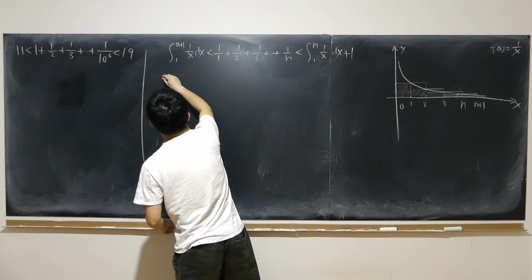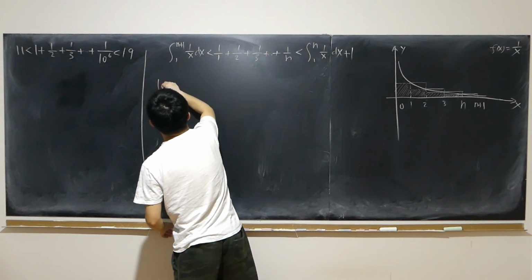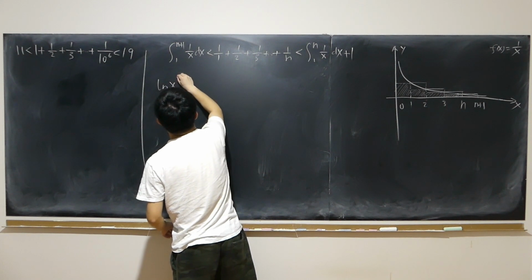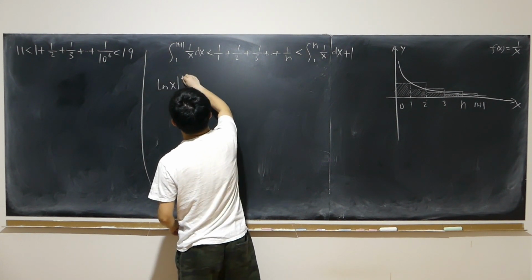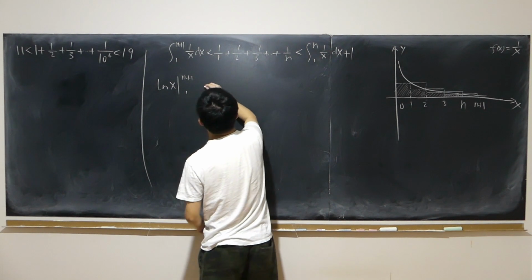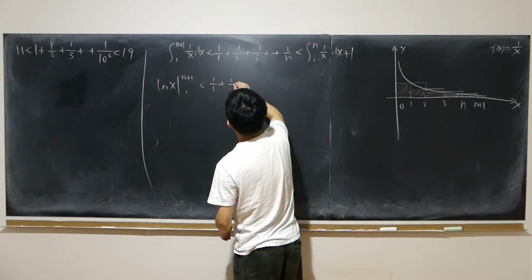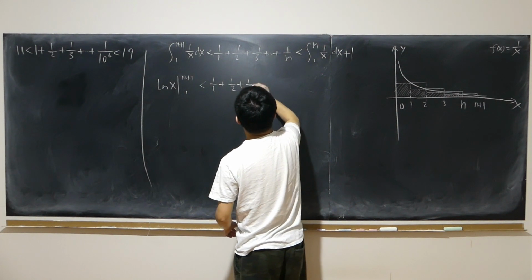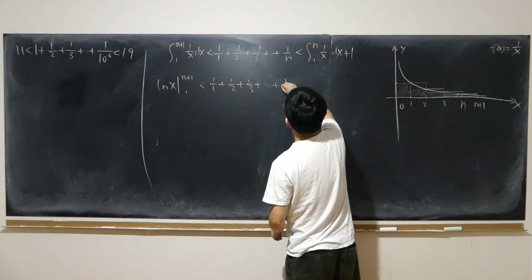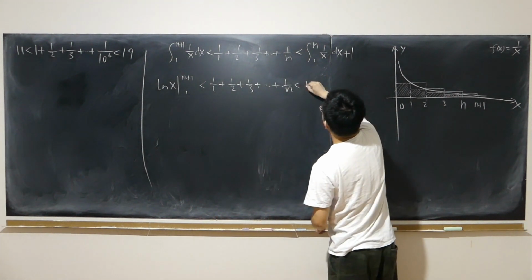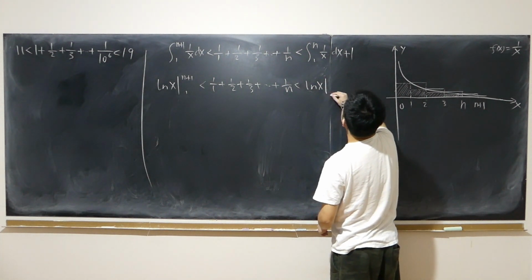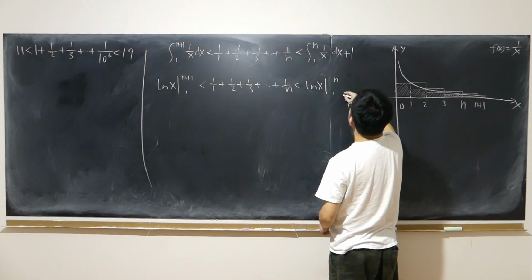So here I'm looking at the log of x from 1 to 1 plus n. 1 over 2 plus... up to 1 over n is less than the log x from 1 to n plus 1.